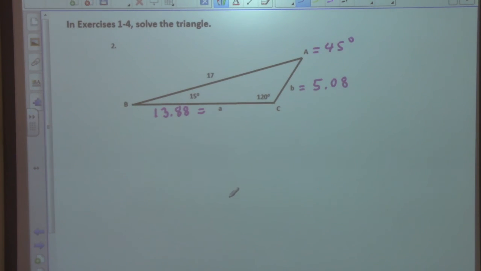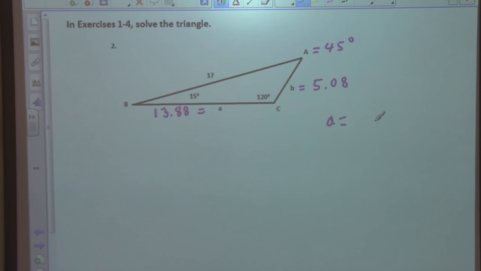And so your equations for that were like, I started with C. I did 17 over sine 120, and then I found A, and I got A over sine 45. So I solved for little a first.